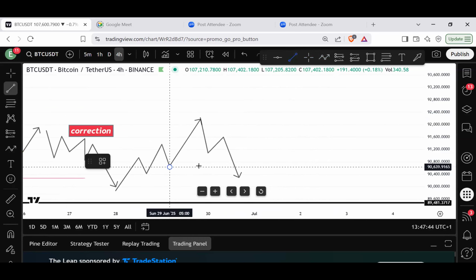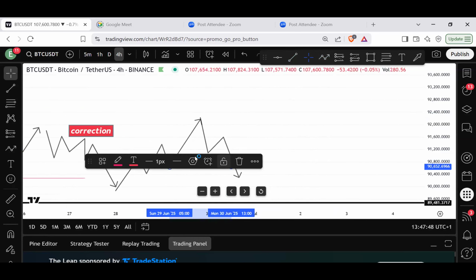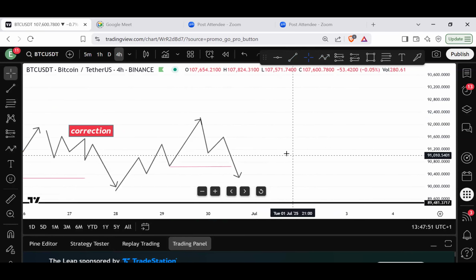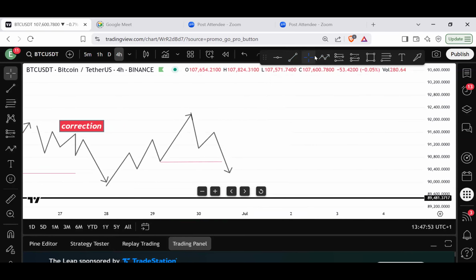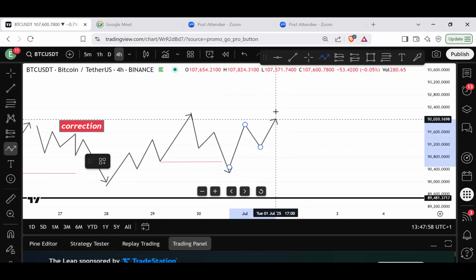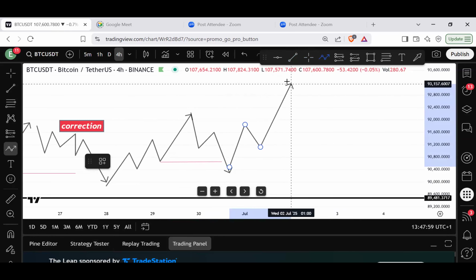And this is inducement. That's the inducement. Then another impulse to the upside.